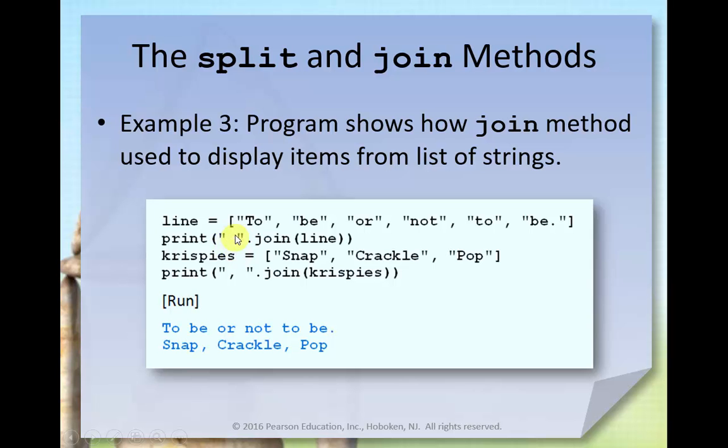Notice that it's giving us the space in between the different elements, because that's what we defined right here. On the flip side of that, if we do the same thing with Rice Krispies here, snap, crackle, and pop, instead of the space, we put in a comma space, do the same thing, then the output is generated as snap, comma space, crackle, comma space, pop.